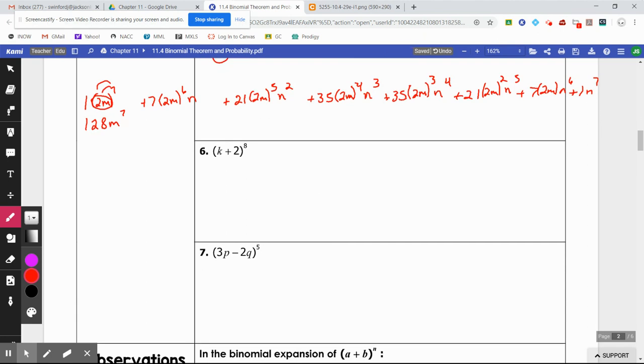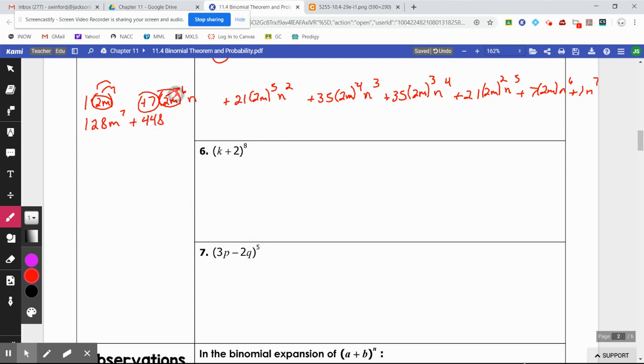Our second term, we have 2m to the 6th. And don't forget, not only do we have 2 to the 6th, but we also have to multiply that by this plus 7 out front. So we have 2 raised to the 6th power, and then times 7 gives me 448. So a positive 448.